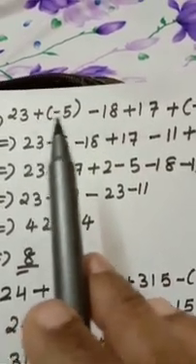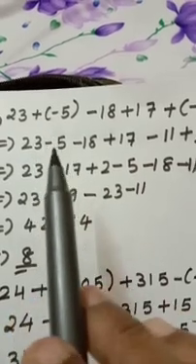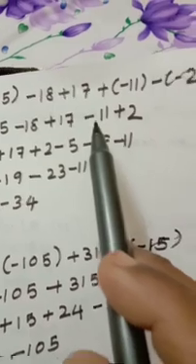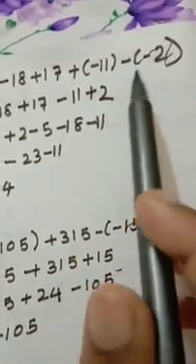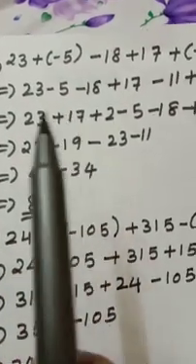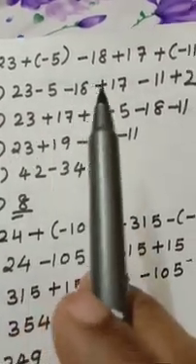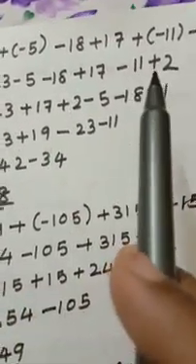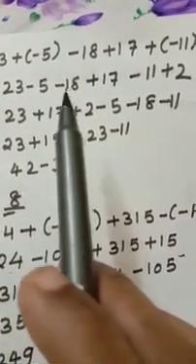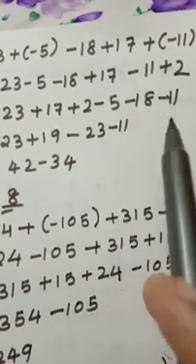Here plus minus, different sign, negative sign will come. Here also different sign, negative sign. Here same sign, positive will come. Then you combine same sign numbers, 23 plus 17 plus 2. Here negative 5, negative 18, negative 11. Okay, grouped.